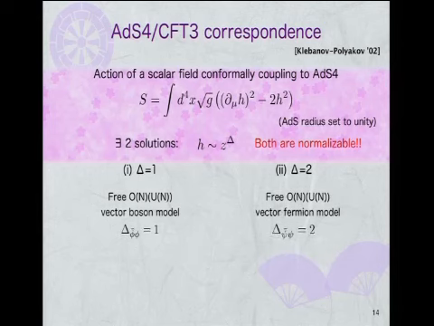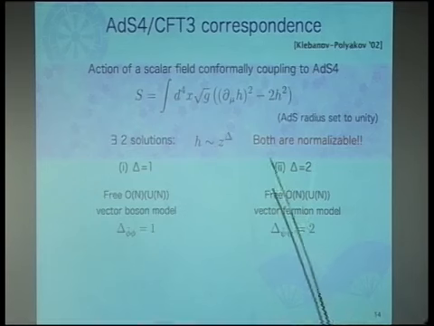And it is natural to say that these CFTs are free theories. In the conformal dimension 1 case, this may correspond to the free O(N) vector boson model, because this singlet single-trace operator phi-bar phi has dimension 1, because a scalar has dimension one half in three dimensions. And the conformal dimension 2 one is maybe the free O(N) vector fermion model. In this case, the single-trace operator has dimension 2, because psi has dimension 1 in three dimensions.